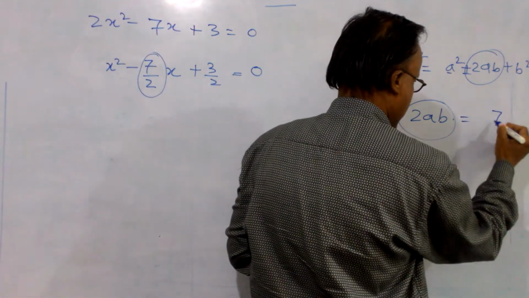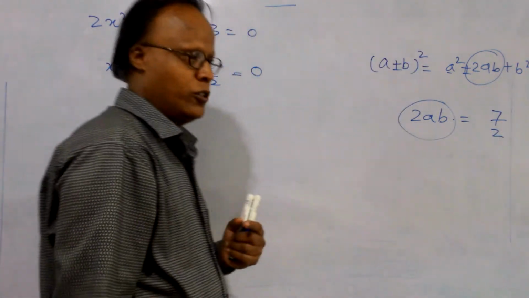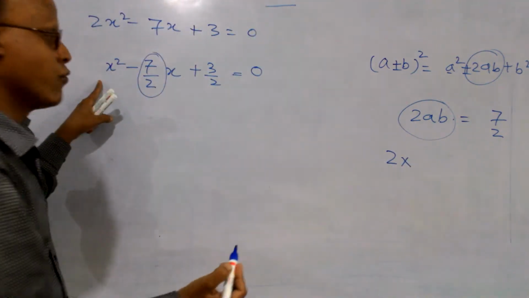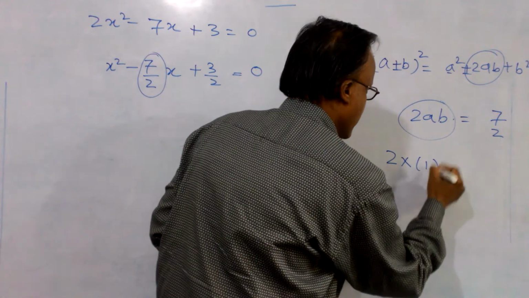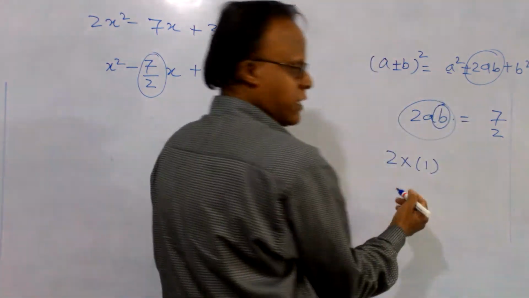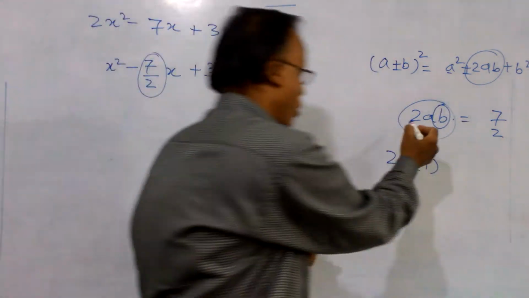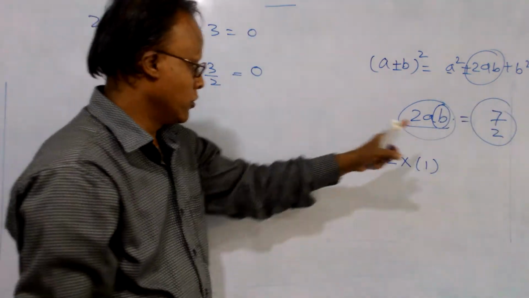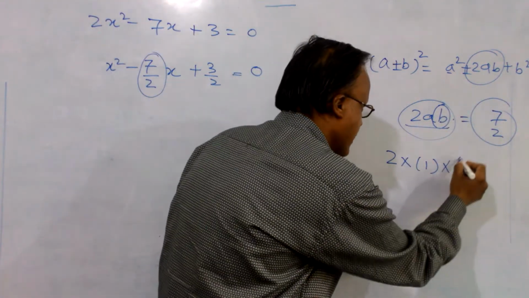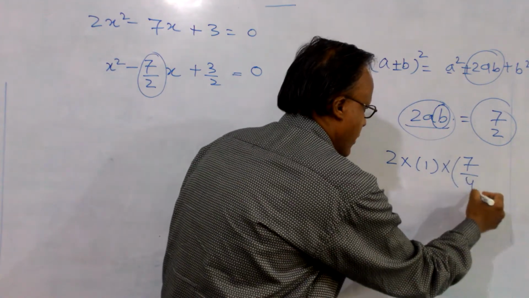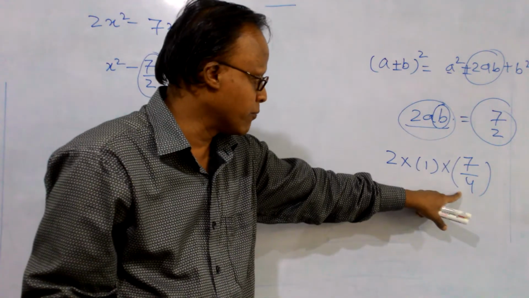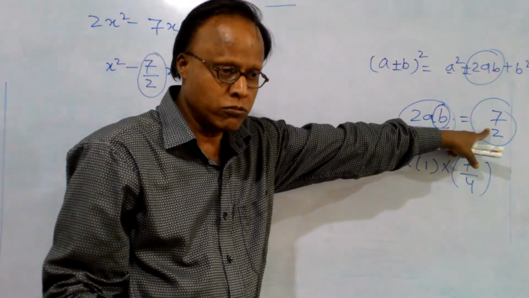So we can say it is 2 into a, and a is 1. So what is the value of b? We assume its product 2ab becomes 7 by 2. So if I say b is equal to 7 by 4, then see, 2 into 7 by 4 becomes 7 by 2.